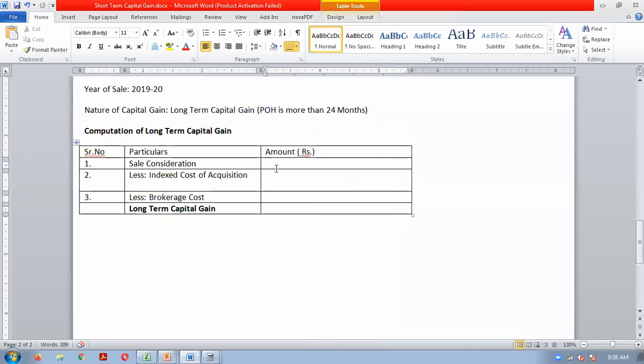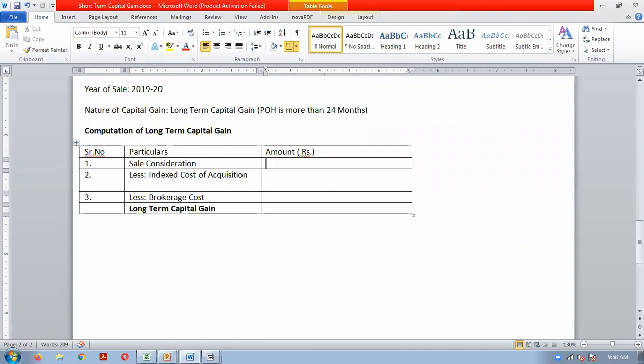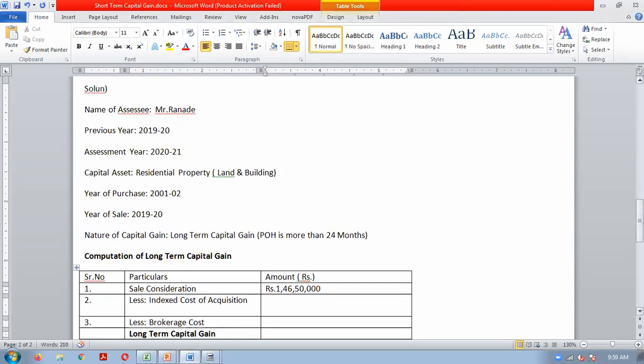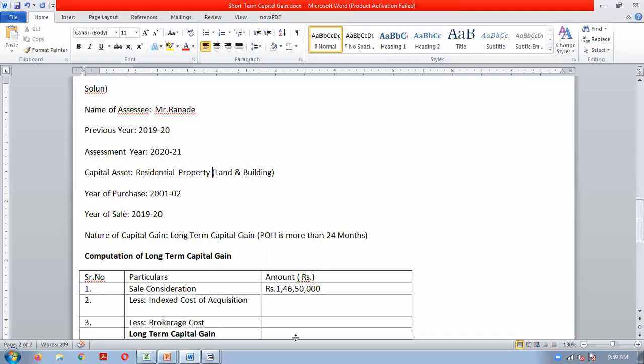Okay, so what is the sale consideration? Rupees 1 crore 46 lakh 50,000 is the sale consideration, as given in the question.